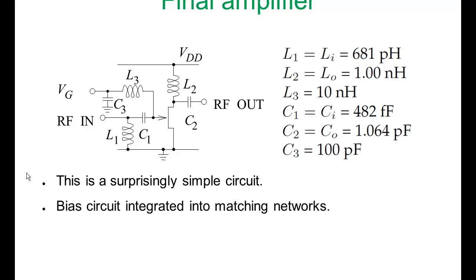Again, this is a surprisingly simple circuit that achieves both in-band and out-of-band stability, and as far as the matching network at the output, we were able to incorporate the bias circuit within that matching network.